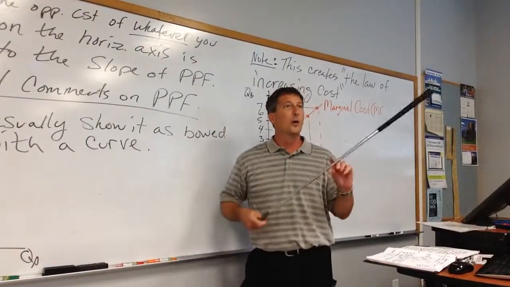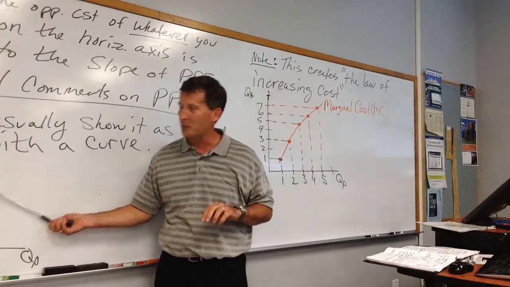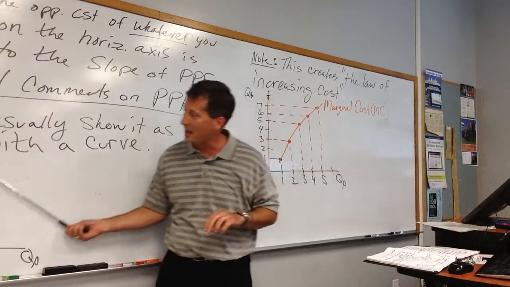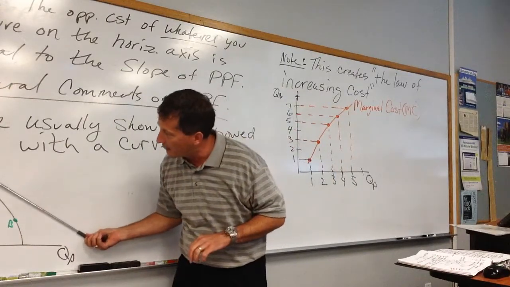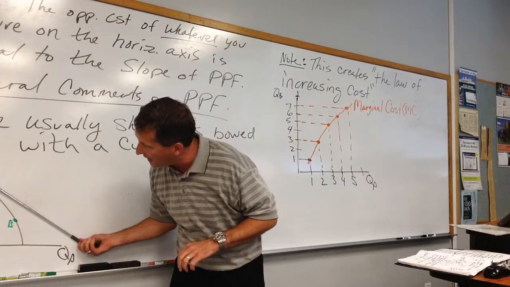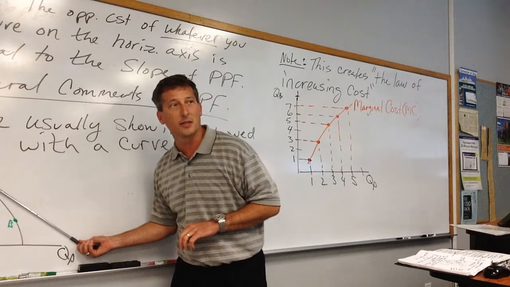But now, we're going to take a very, very tiny change. In fact, we're just going to let it be kissing that point. So the tangent line is going down until it just kisses the production possibilities frontier.